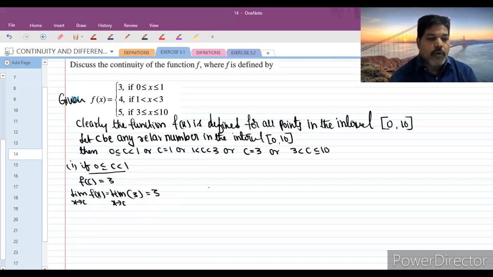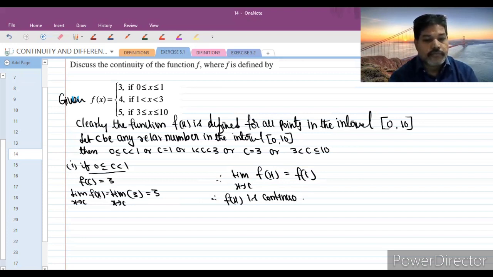Therefore, we can conclude that the limit as x tends to c of f of x is equal to f of c. So therefore f of x is continuous for all points in the interval.